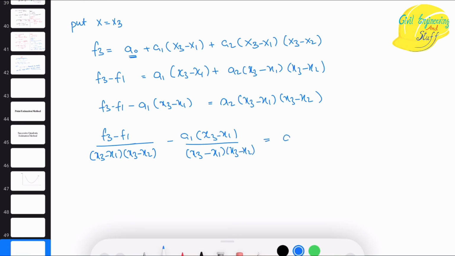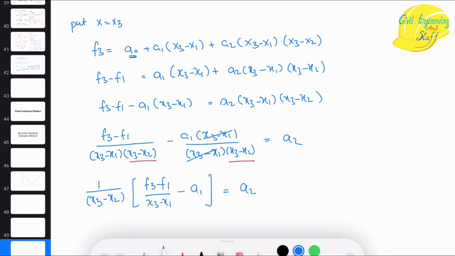This will be the value of a2, right? From here we can cut (x3 minus x1) and we have (x3 minus x2) common, so we can take it out. Okay, so this will be 1 upon (x3 minus x2) times [(f3 minus f1) divided by (x3 minus x1) minus a1], which will give the value of a2, right?